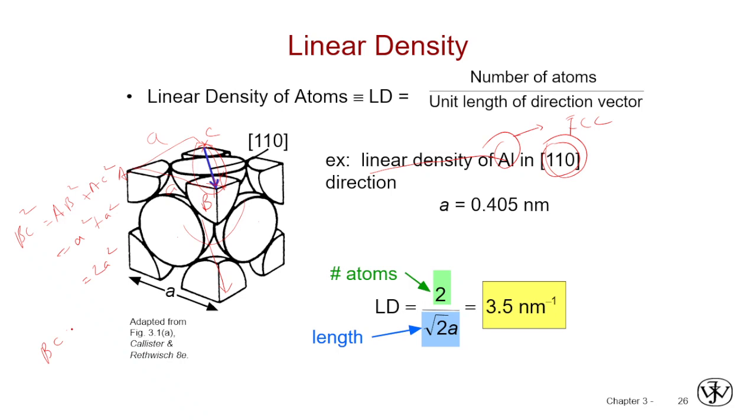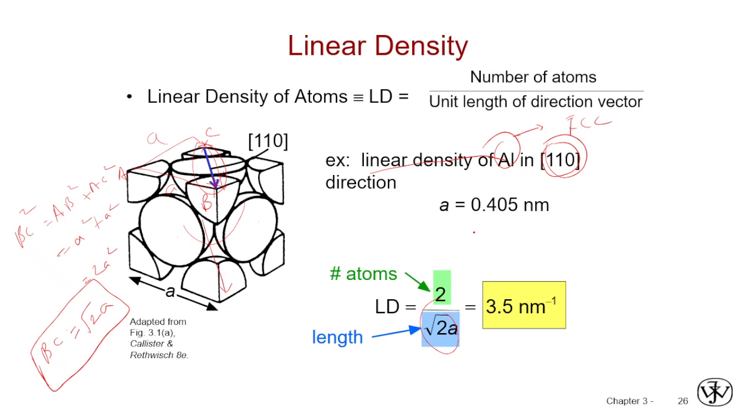So for BC, we get root 2 A. Yes, this is the value of BC, and that length you write over here.